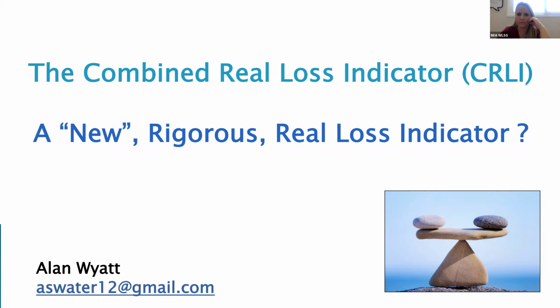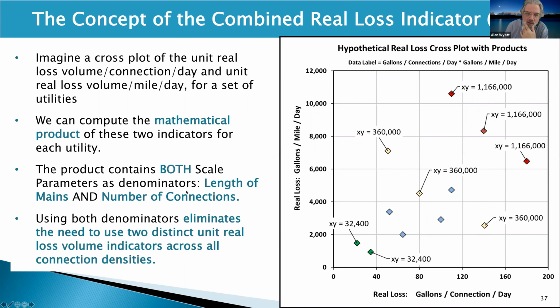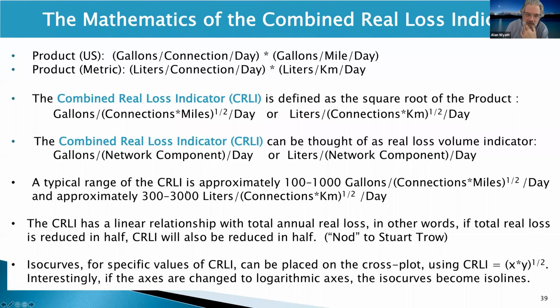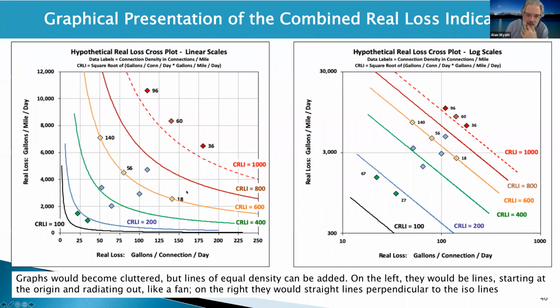Okay, all right. Well, let me just quickly show you. I'm going to jump through some slides, but basically the overall hope of this was that we could find an indicator that would address this issue of, do we have liters per mile or kilometer at very low densities, and not have to switch from, let's say, liters per connection to liters per kilometer at some density?